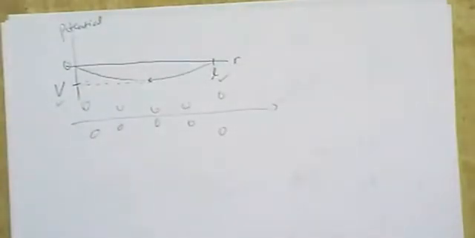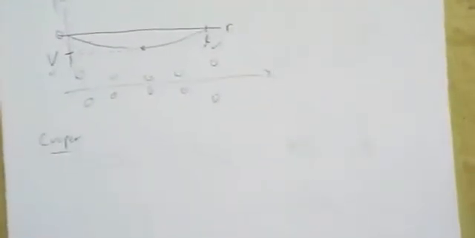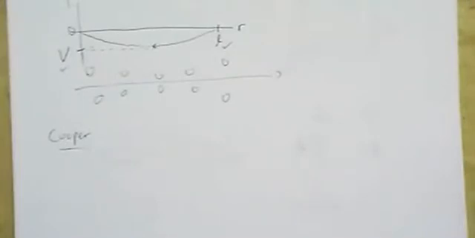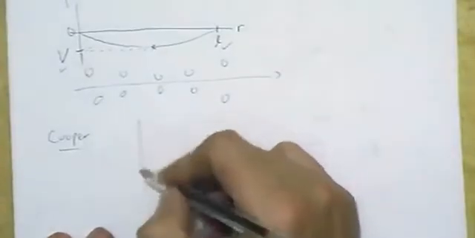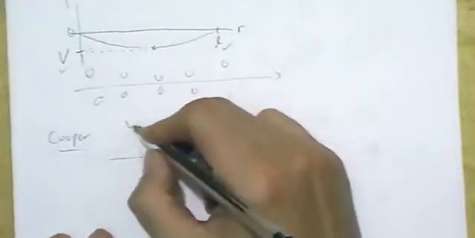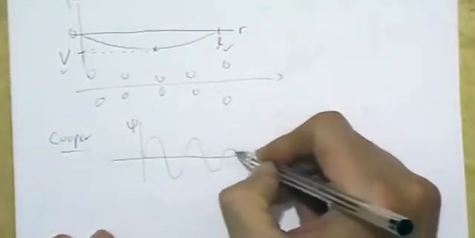And indeed, it has been done by Cooper himself. And the solution to this Schrödinger's equation looks like this. So wave function R, just very roughly, looks like this.